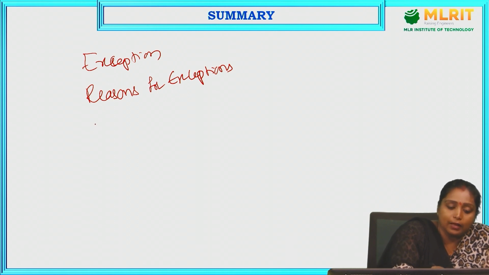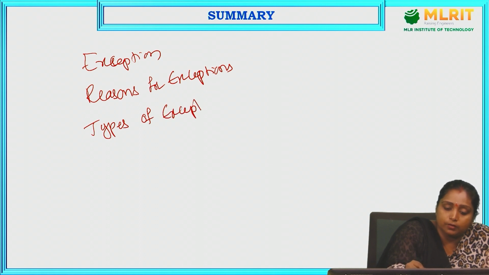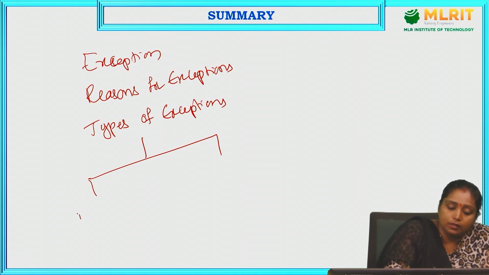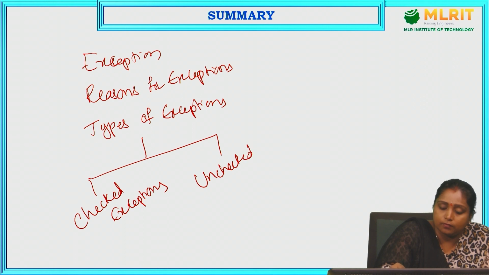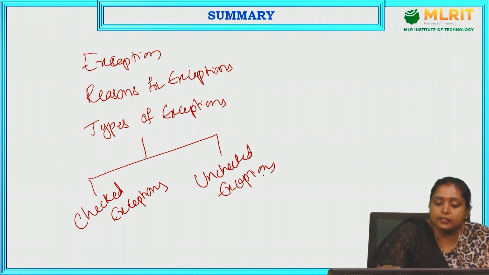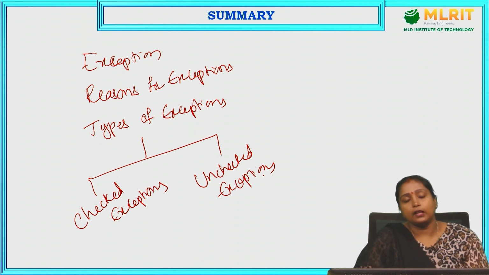Next, we have seen types of exceptions. How many types of exceptions are there? Two types: checked exceptions and unchecked exceptions. Checked exceptions are also called compile time exceptions, and unchecked exceptions are also called runtime exceptions.